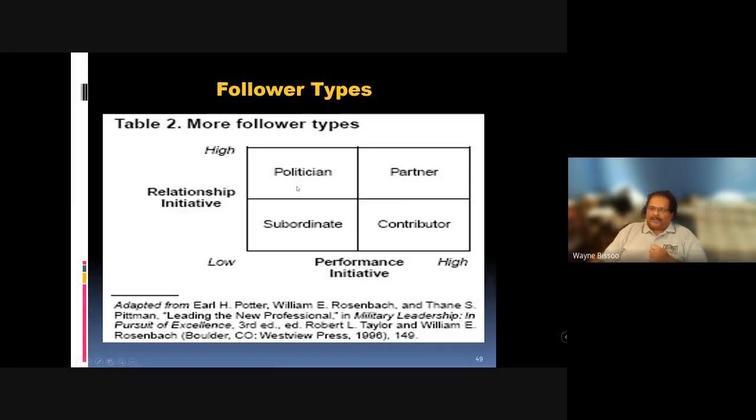So a politician is somebody who has low performance initiative, but high relational initiative. Whereas a partner is high in both. Contributors are those who are high in performance but low in relational. And of course, then you have the subordinate who falls into the category of they don't like developing relationships, nor are they doing anything. Where would you fall as a follower?